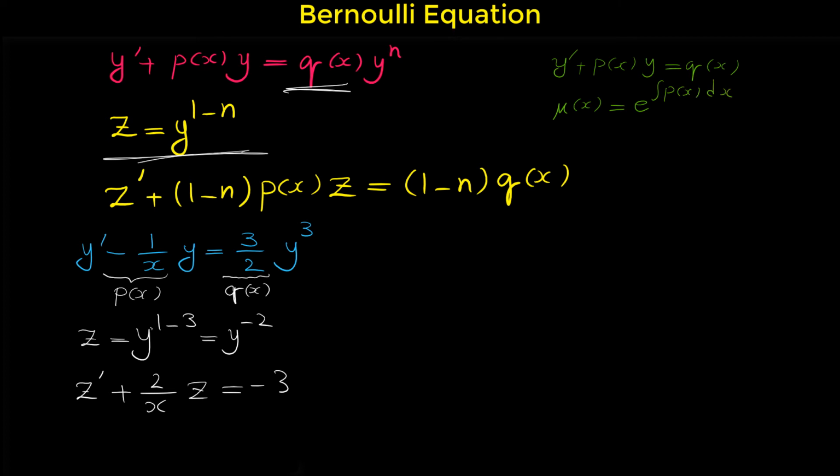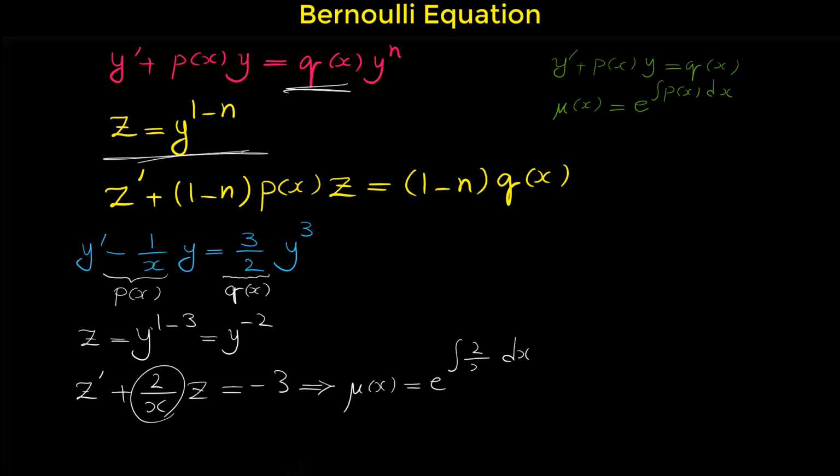This is the first step, if you remember. In here, p of x is 2 over x. So first let's find the integrating factor. So mu of x is e to the power of integral of 2 over x dx.